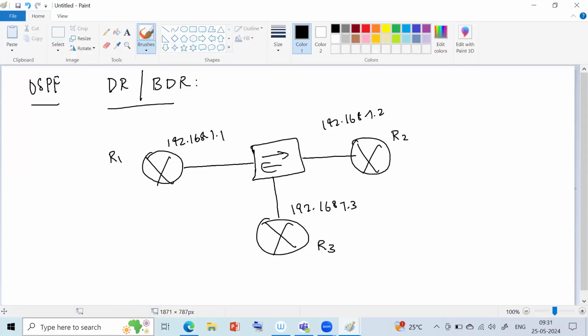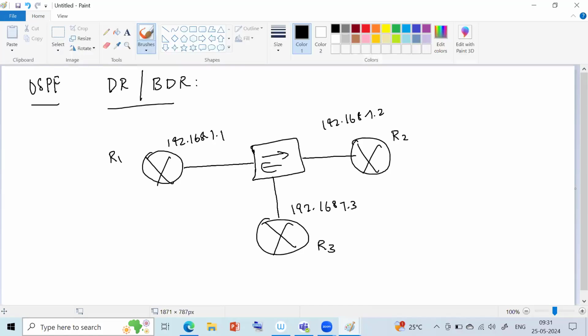Now, why are all 3 in the same network? Because they are connected to the switch, right? All the interfaces of the switch are in the same network. They will be in the same subnet, right?